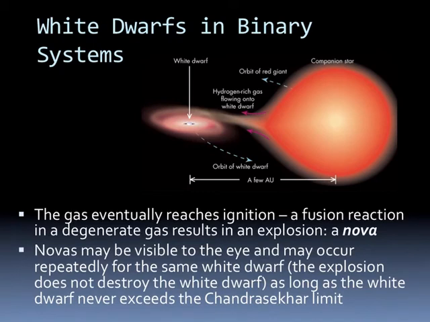That gas gets warmer and warmer, and eventually it reaches ignition. A fusion reaction in a degenerate gas results in an explosion, and we call that a nova. Novas can be visible to the eye and may occur repeatedly for the same white dwarf. That explosion does not destroy the white dwarf, as long as the white dwarf never exceeds the Chandrasekhar limit.